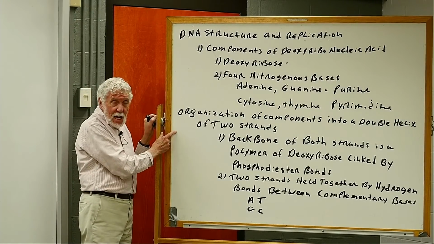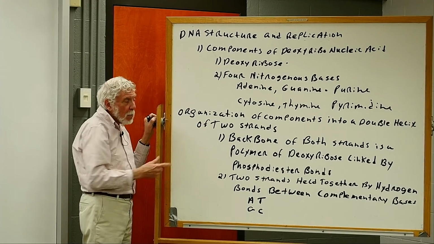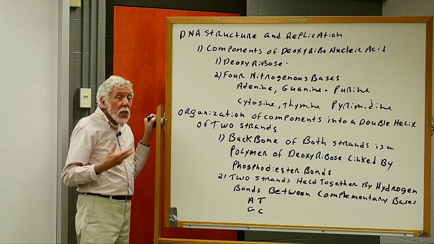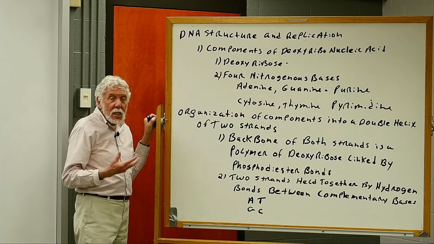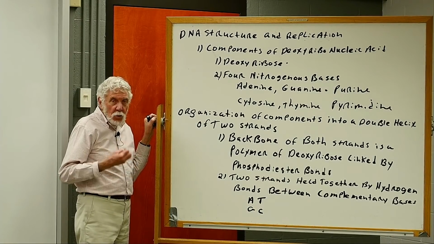Each of the two strands is, in fact, a backbone constructed of deoxyribose. Each of the deoxyribose molecules is linked to its neighbor through a particular kind of covalent bond called a phosphodiester linkage.